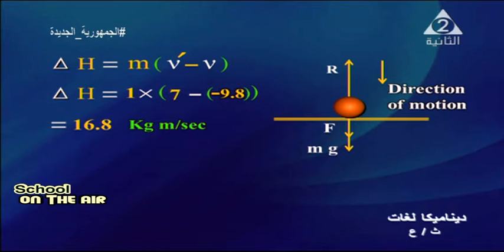Then delta H equals 16.8 kilogram times meter per second. Note that the mass is in kilogram and the velocity in meter per second.